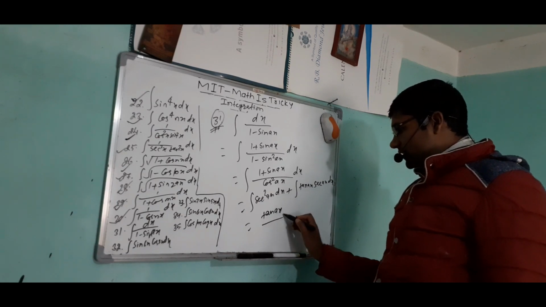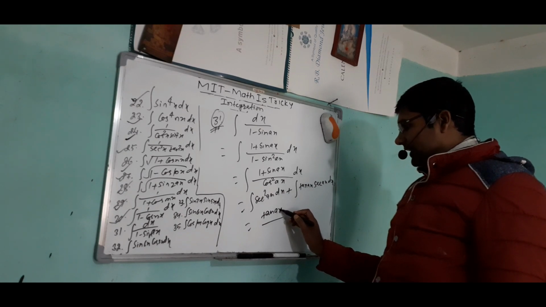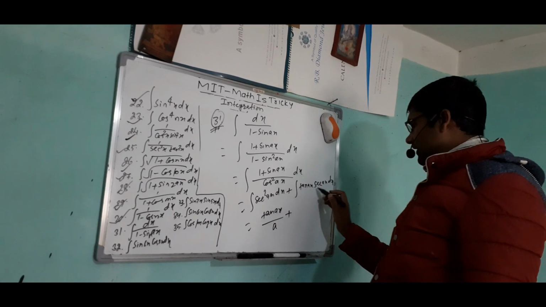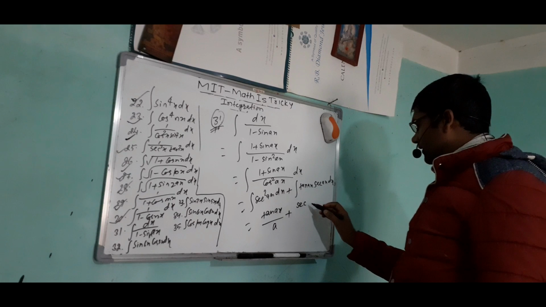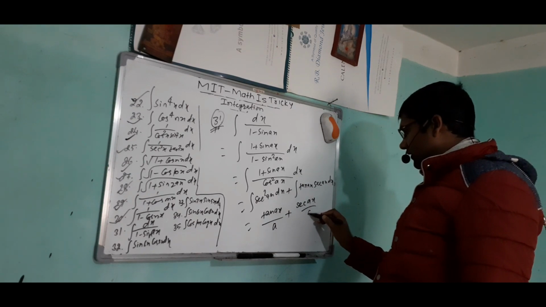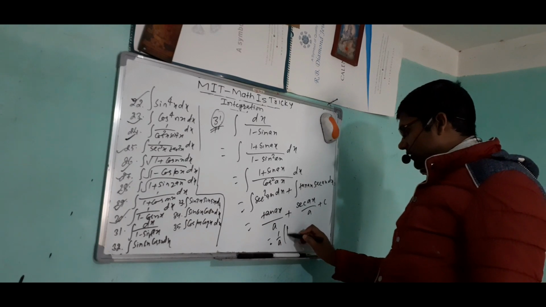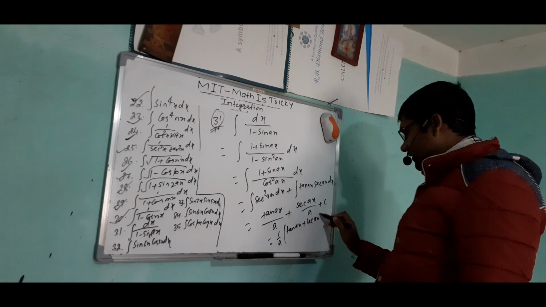Don't forget to write the constant, the coefficient of x, in the denominator. And for sec x tan x, the formula gives sec ax by a plus c. We can write a as common, so 1 by a times tan ax plus sec ax plus c.